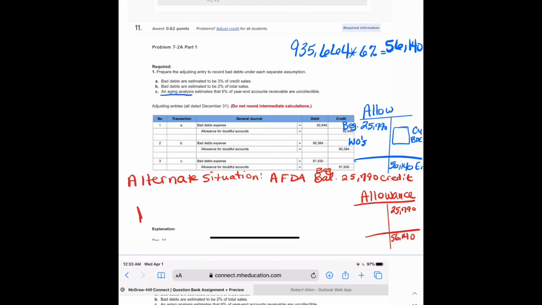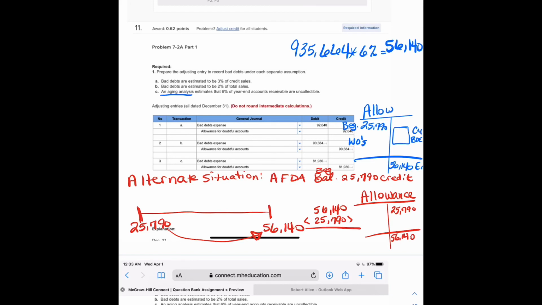Well, in this case, the way the number line is going to work is we're already on the correct side of the zero, right? We're already on this credit side. So I just have to cover the difference between $25,790 and $56,140. When I take $56,140 less my $25,790, that will give me the amount of the adjustment in this case.